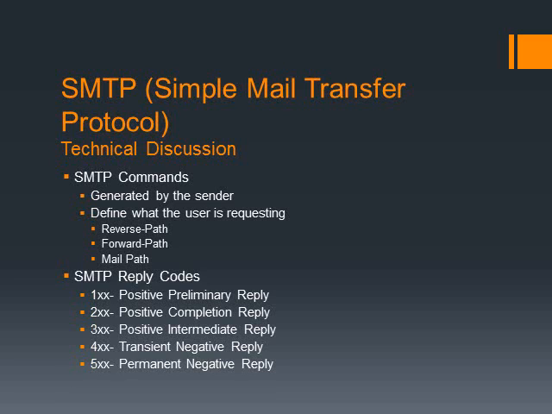The mail command just signals the SMTP server that a session is about to start, and so it clears the buffer for the new session. The next is the forward path. This is an argument of the recipient command.